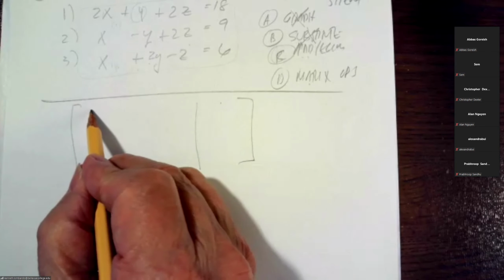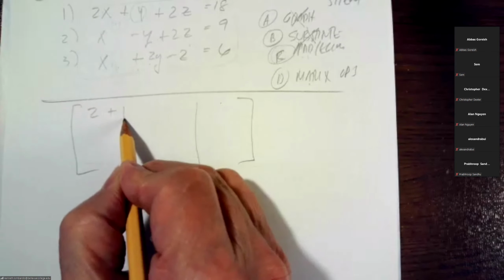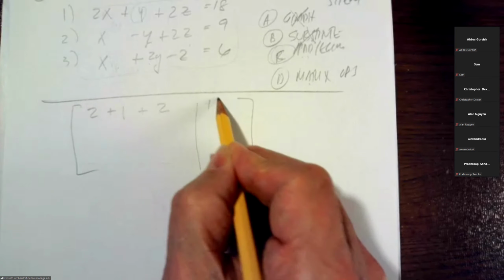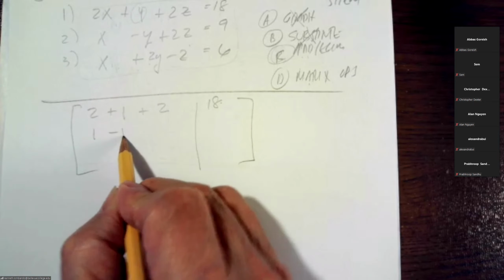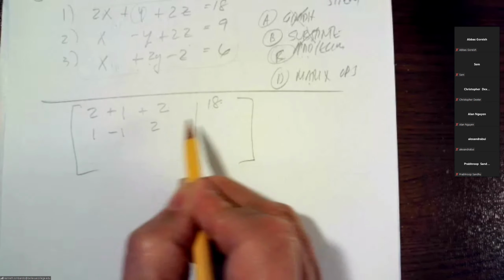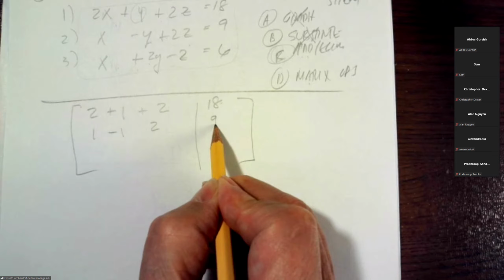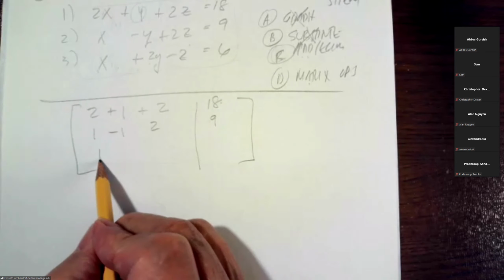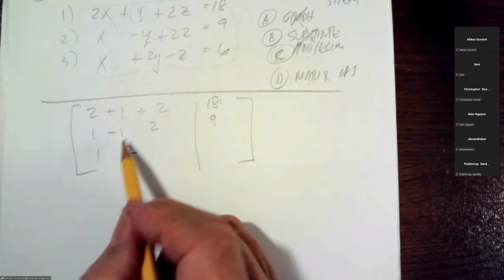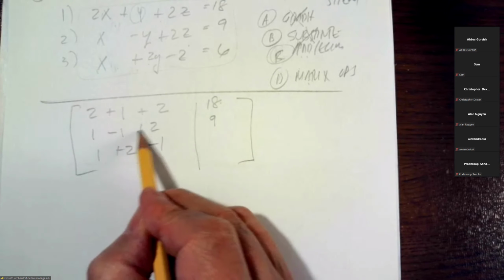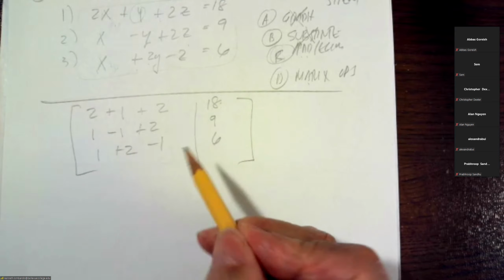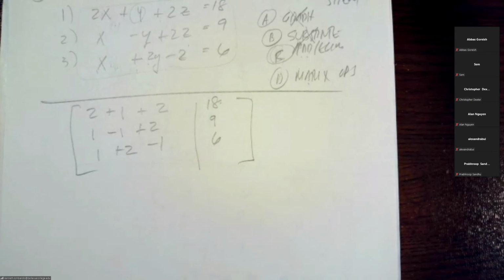So this becomes 2, 1, 2, 18, 1, minus 1, 2, 9, 1, 2, negative 1. This is a positive 2, isn't it? And 6. So now we have it in augmented matrix form.